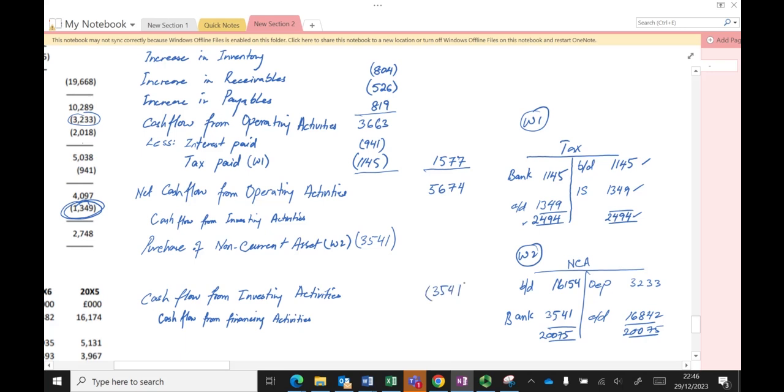I have written brackets around it because this is the money gone out when we bought some new assets. So money has gone out of the business.